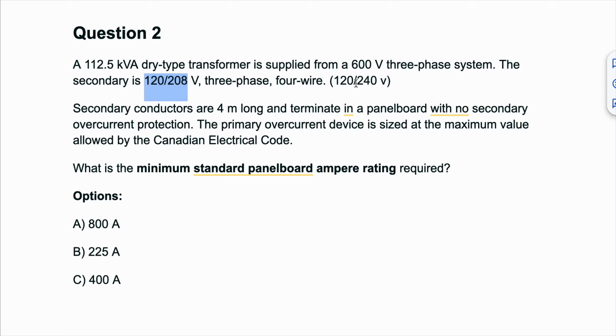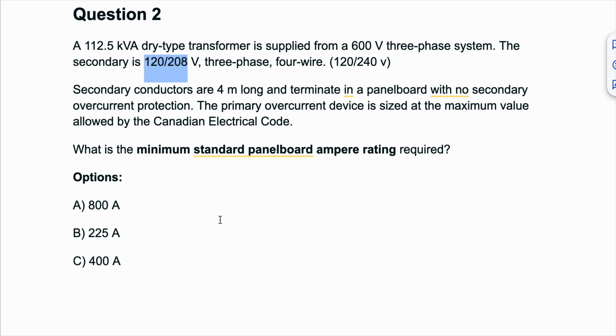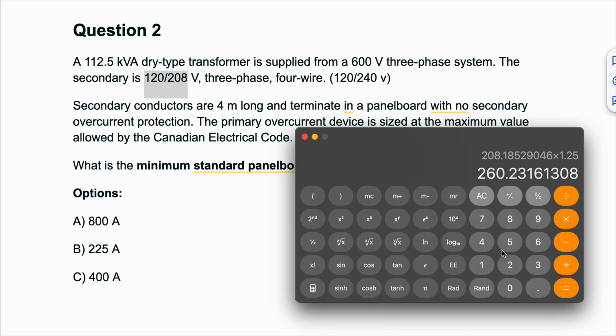They are transformers that have two 120 volt voltages with about a 180 degree difference in phase. You can find more about this difference between the transformers in one of my videos. So let's go back to the question. Here you can find out about this question. Let me bring my calculator.